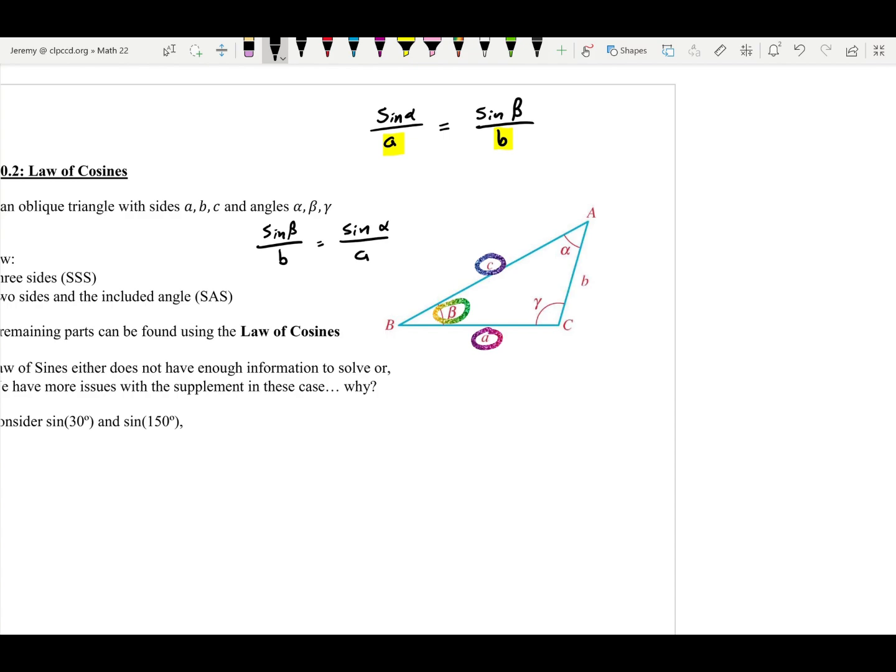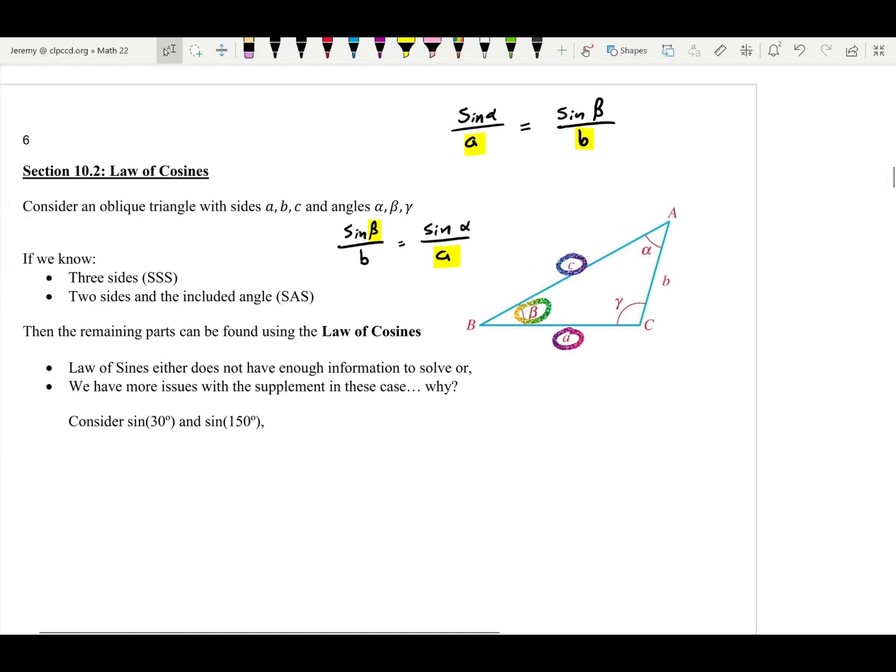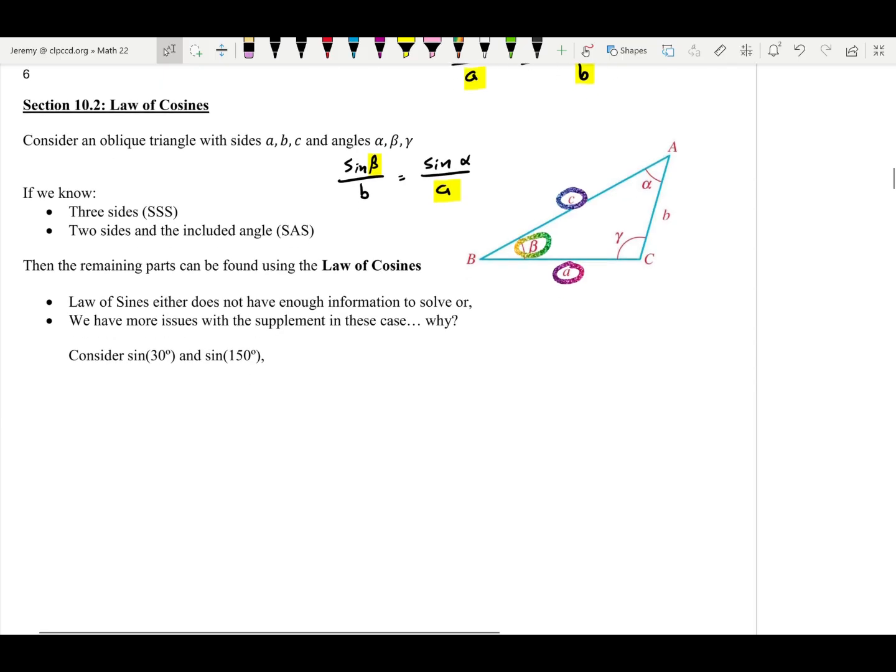I have A, so I would have this value and this value, but I don't have alpha. I don't have either of these other two angles, alpha or gamma. So again, we're stuck with one equation and two unknowns. So we simply are not able to solve this triangle with law of sines alone.